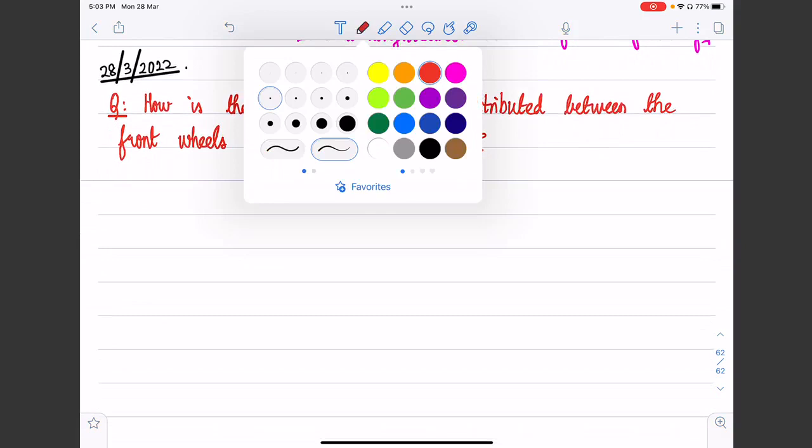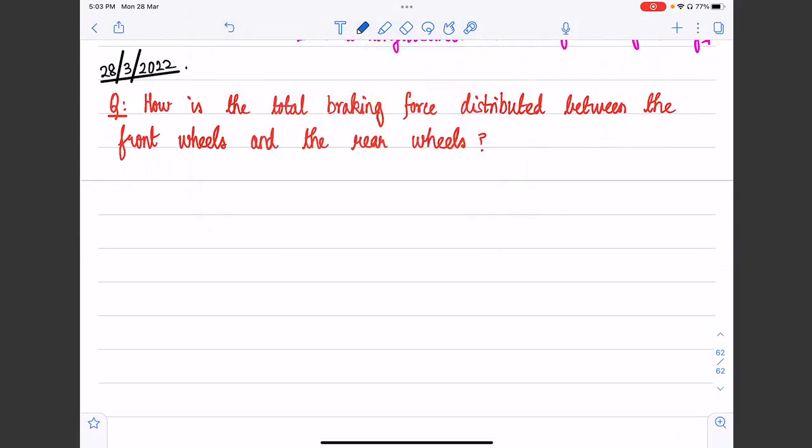In order to analyze brake force distribution, let's first define a few terms so that we get an understanding. Of course, we will come back to this later on, and we will see the correlation to other concepts like anti-lock brake systems, in a few lectures from now. But let me define a few terms.